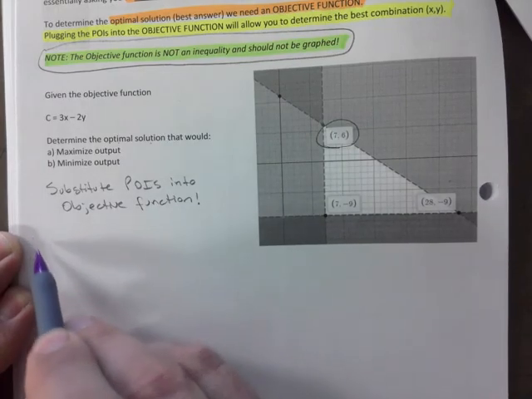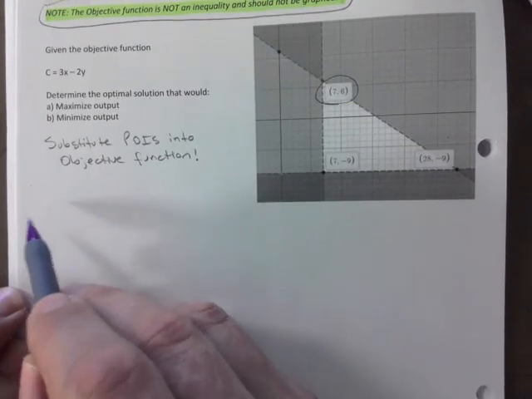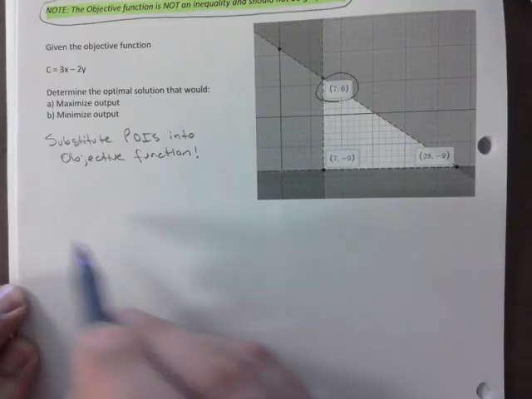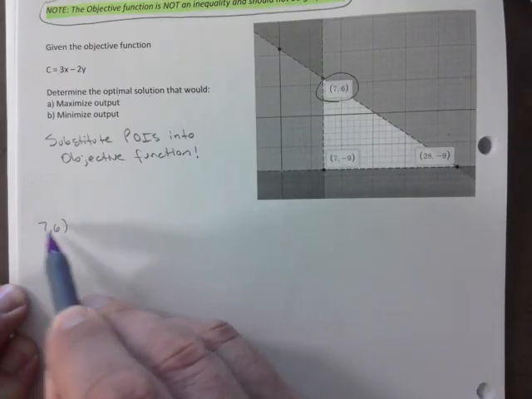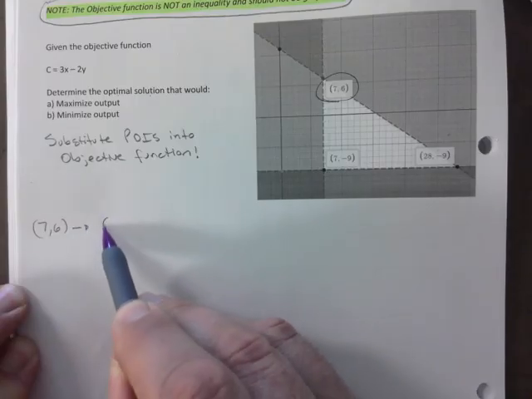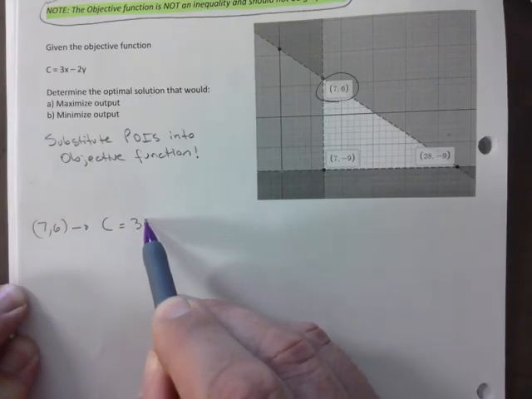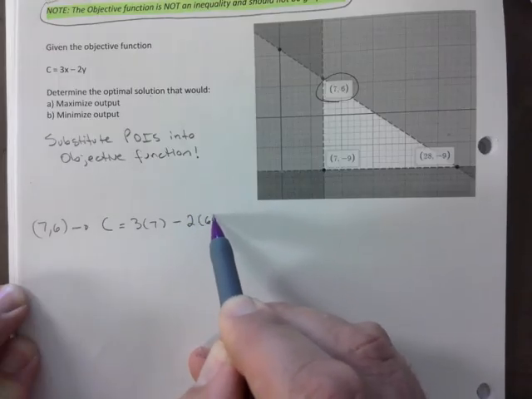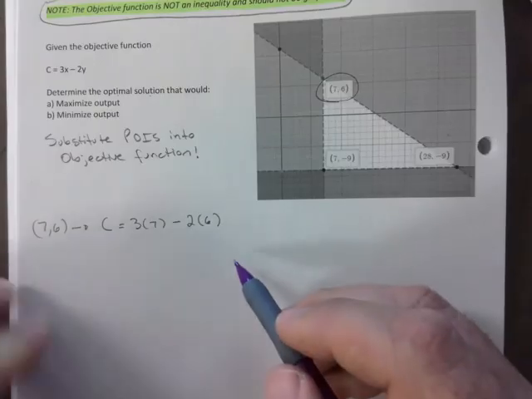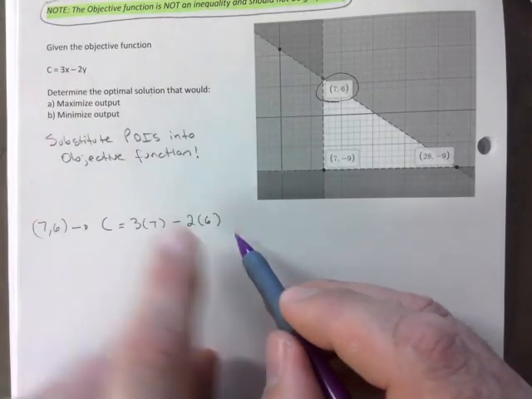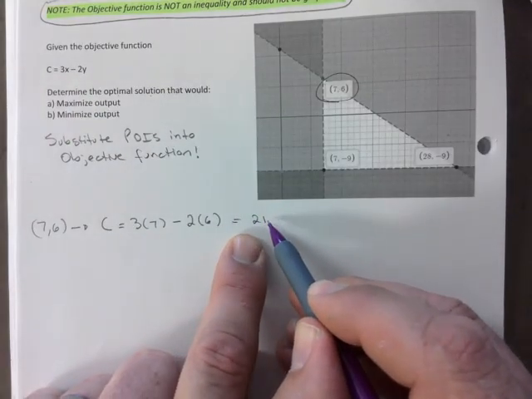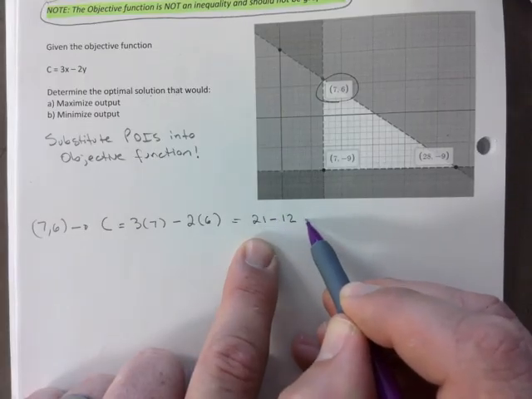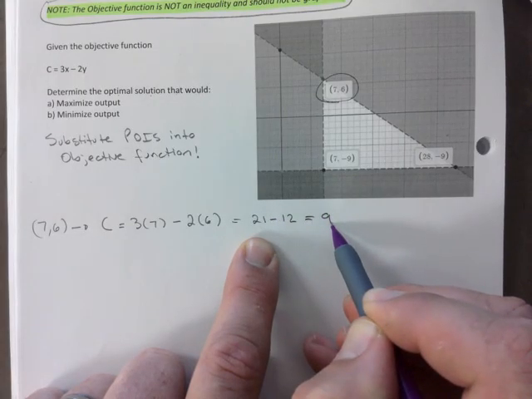I'm going to go a little further down because I need space this way. So I'm going to take the 7, 6 and plug it into C. So that'll be 3 times 7 minus 2 times y. So I'm plugging it into the top here. So that'd be 21 minus 12. That would give me 9.